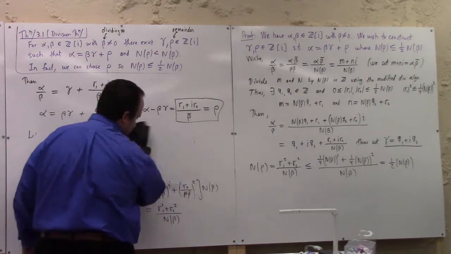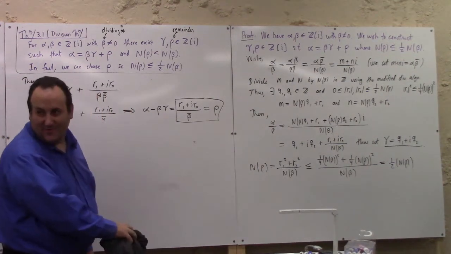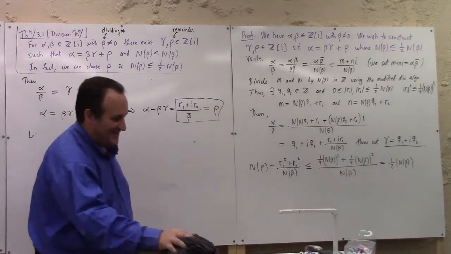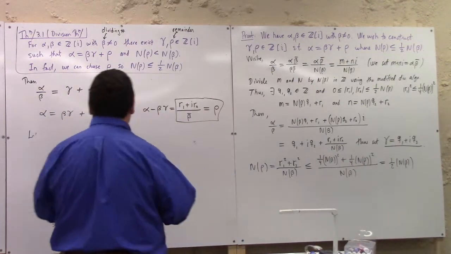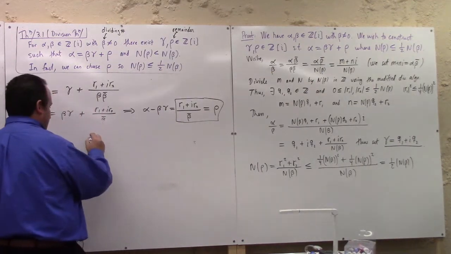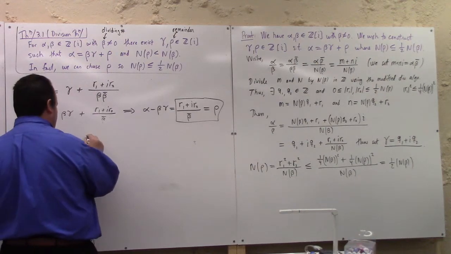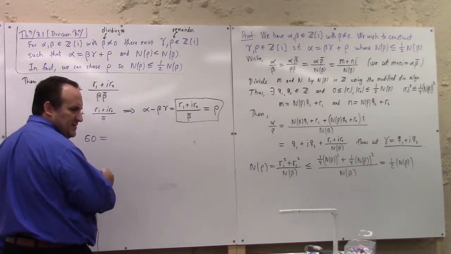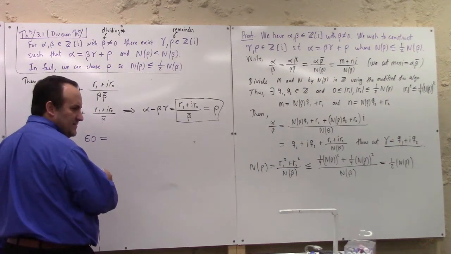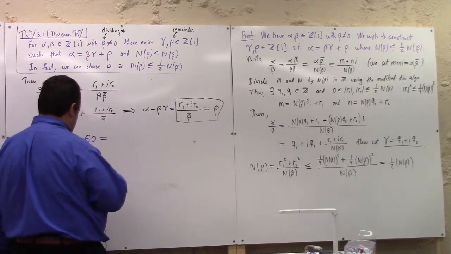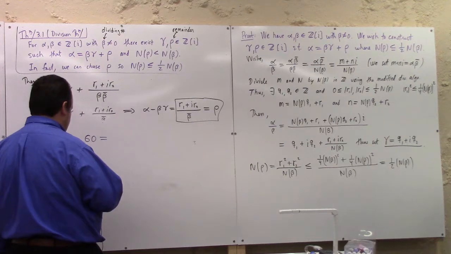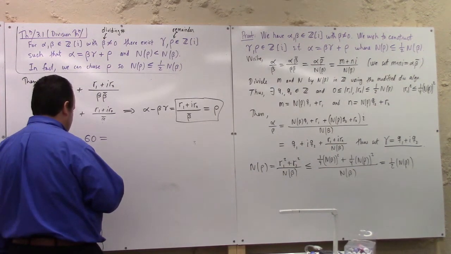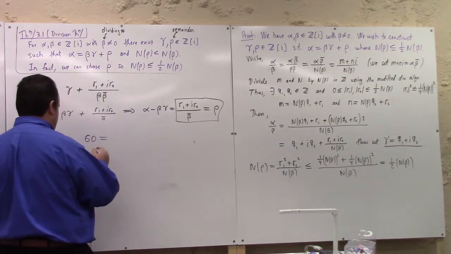Let me try to come up with one. How about 60? Does 60 work? I'm not sure. 49, no, can't do that. 25, no, that doesn't work. 16 and 40 and 64.